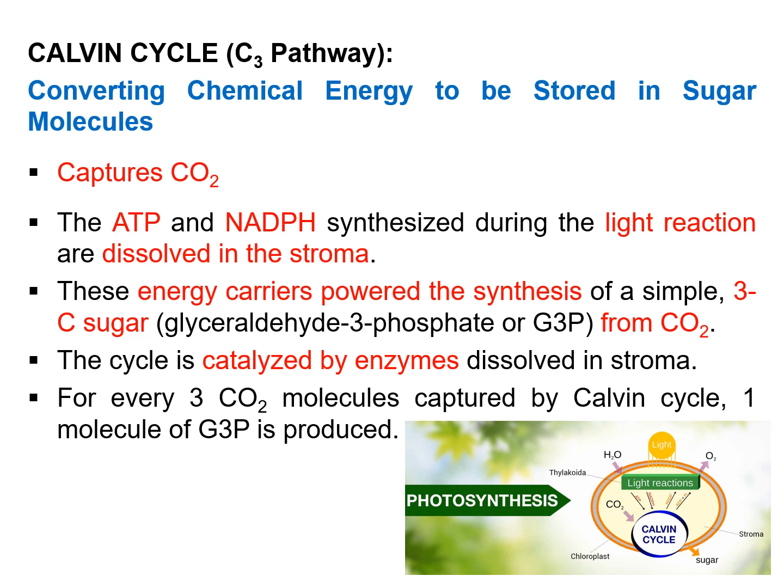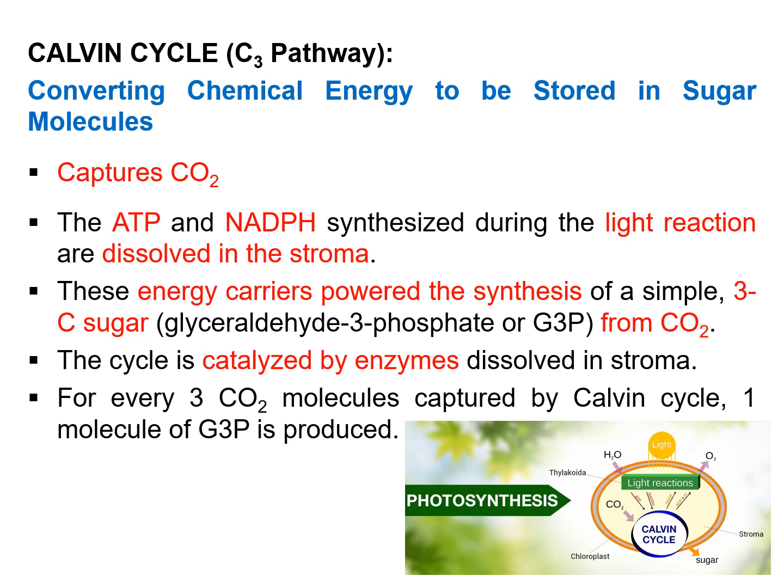In this process, they convert all of the supplied chemical energy in the form of ATP as well as NADPH to be stored in sugar molecules. In the Calvin cycle, first of all, they need CO2. Therefore, the process will capture carbon dioxide.